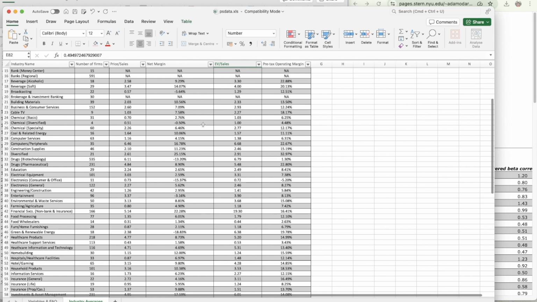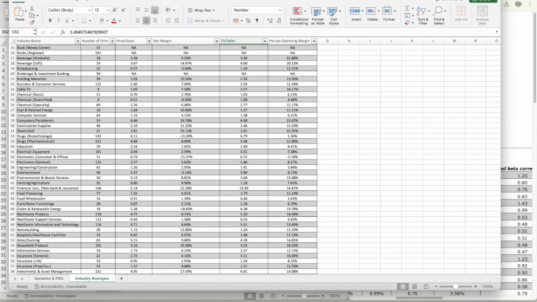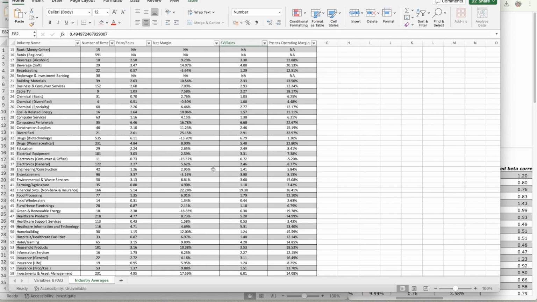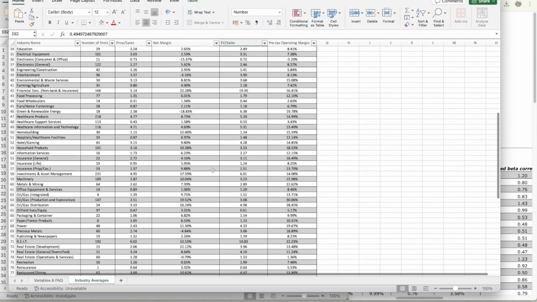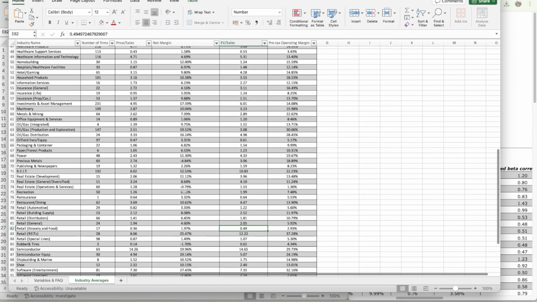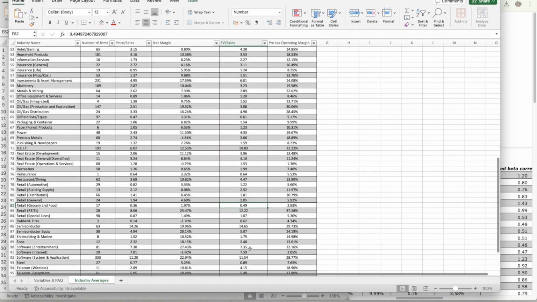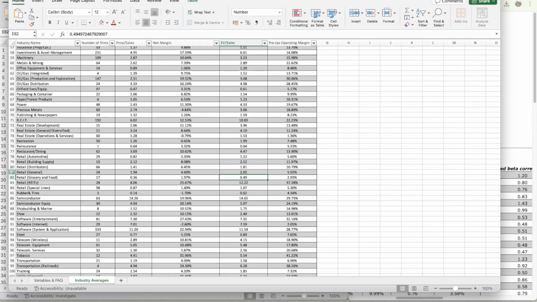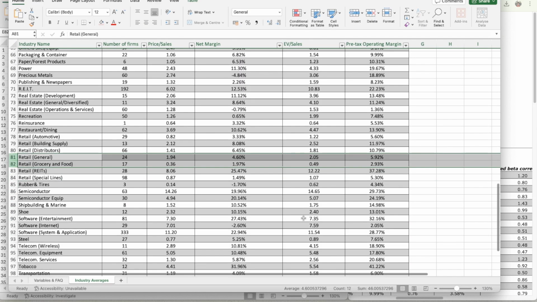So for example, the price to sales data, the EV to sales data, he updates annually. Okay, so retail general 2.05 and retail grocery and food is 0.49. Sorry, I'll highlight these two and I'll zoom in as well. There we go. 2.05, 0.49.